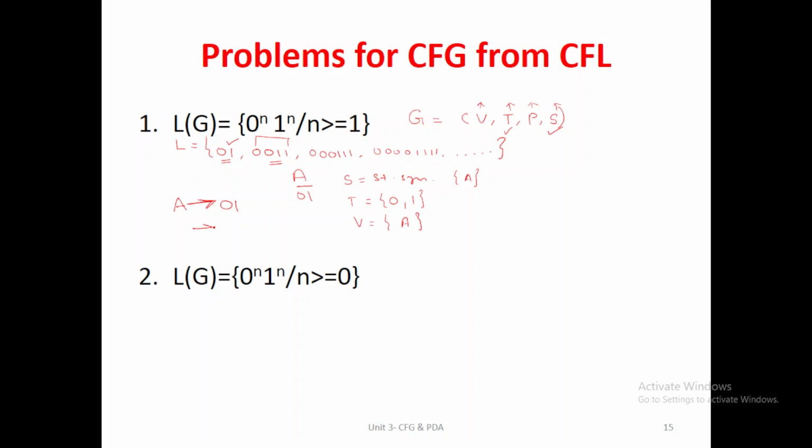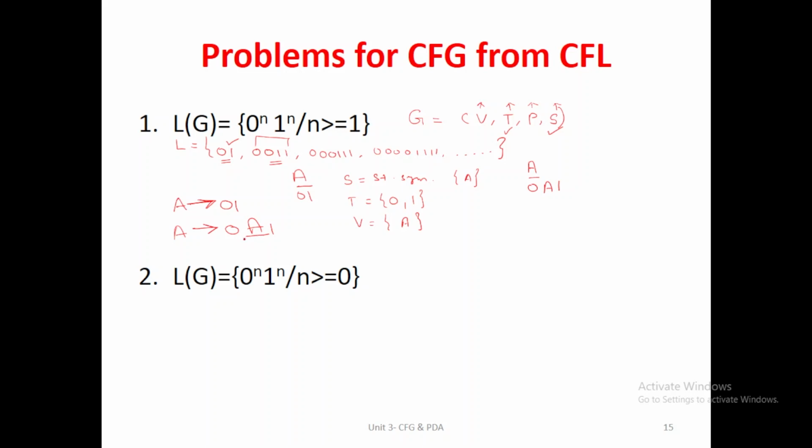So I write the second rule with the first symbol 0 and the last symbol 1, and the intermediate symbol 01 is already available as capital A. So I substitute it as 0A1, taking the same starting symbol A. How do you derive the string? The starting symbol is A, and instead of A I can substitute 0A1 because it is a production.